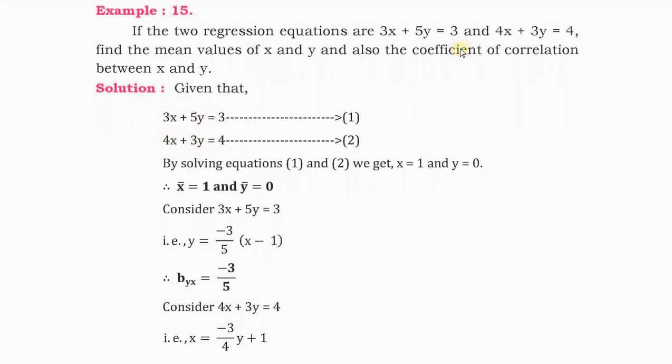If you solve both 1 and 2 simultaneously, then we will get the y value as 0, and substituting that y value in any one of the equations, we will get the x value as 1. So x bar is 1 and y bar is 0.